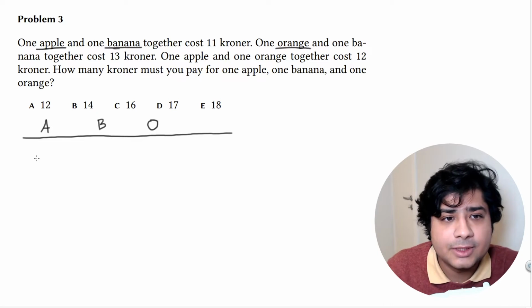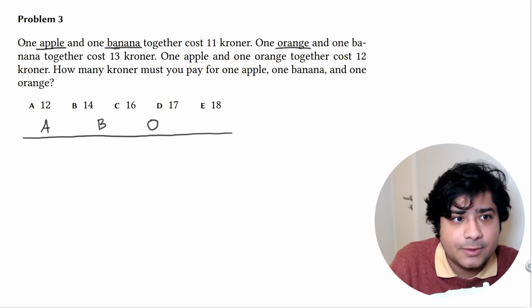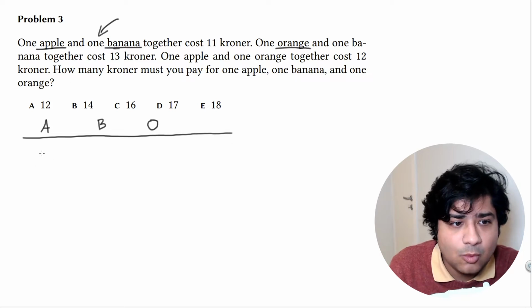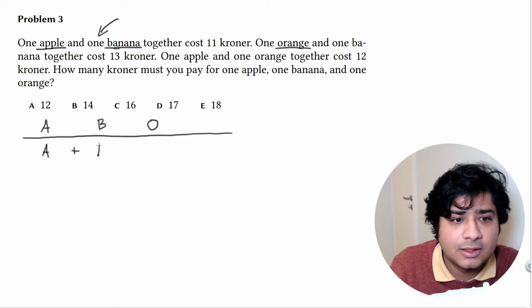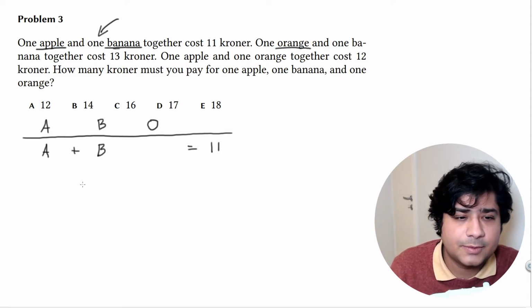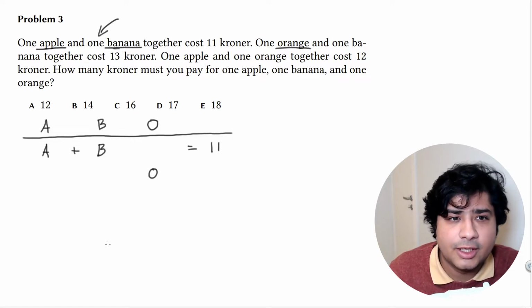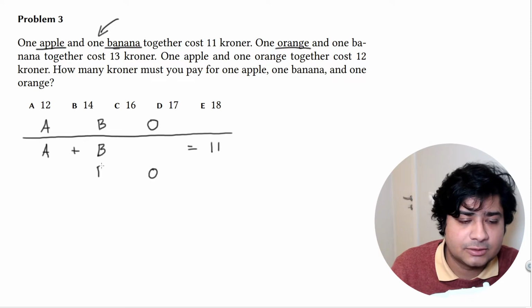Let me first write that first equation, this one right here. 1 apple plus 1 banana costs, equals 11. And then the second one, which is 1 orange, and then 1 banana, so 1 here.